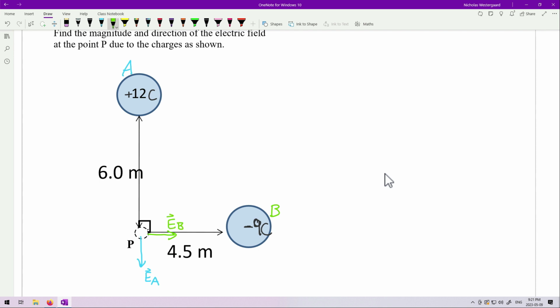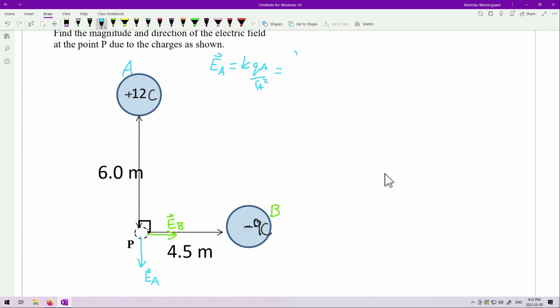For me to find my electric field, I need to add these, but I can't add them just normally because they're not in parallel directions. I have to do vector addition. So I'm going to go ahead and I'll do the calculations this time, I guess. Electric field A is equal to KQA over RA squared.